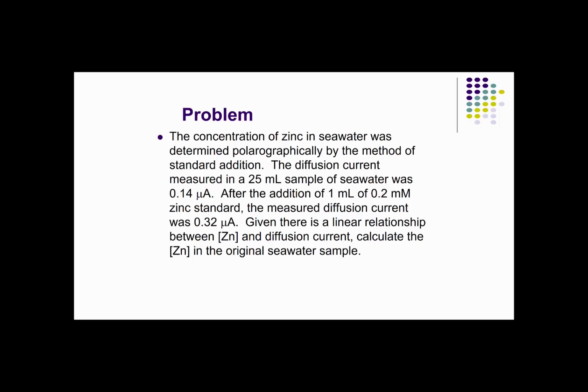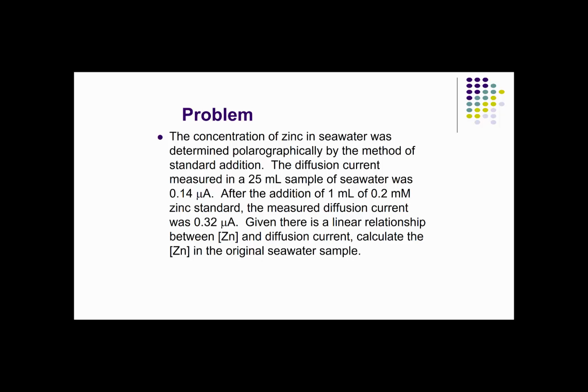So here we're measuring current for zinc in seawater, and we're going to use standard addition. We measure the current for a set sample of seawater, and we find what that current is.